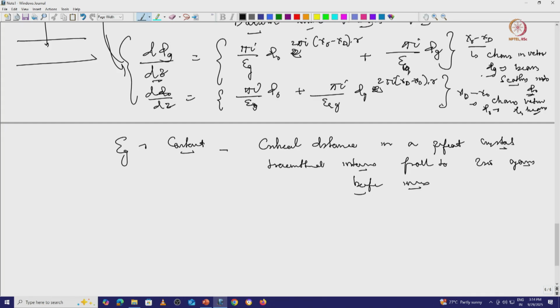Okay, and in this term, e raised to the power 2 pi i (x d minus x naught) dot r is called the phase factor from the scattering process.